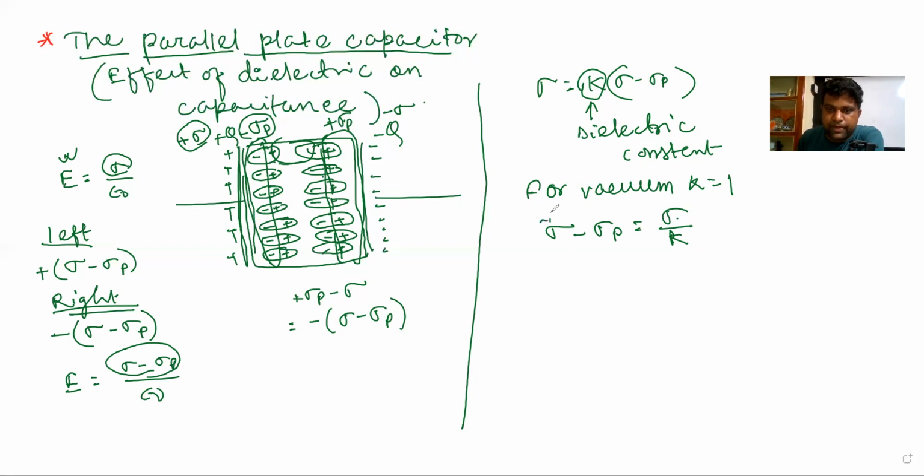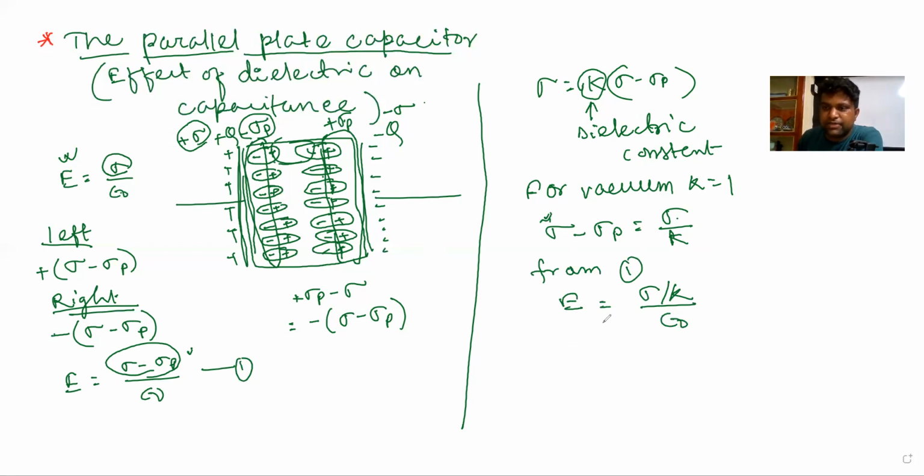So now if we replace this sigma minus sigma p in equation 1, we can write that E equals sigma by k epsilon naught.